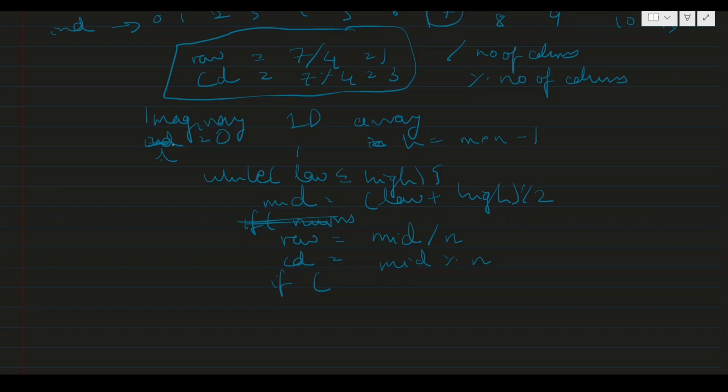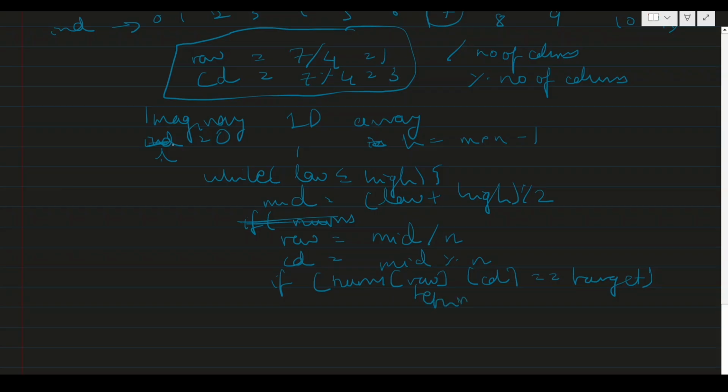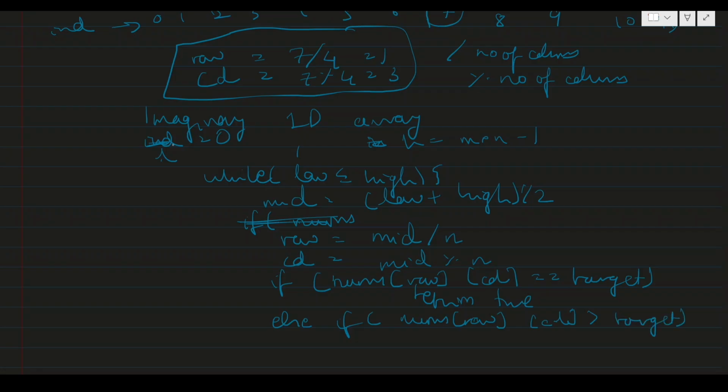If nums of row col becomes equal to target, then we can simply return true. Else if it comes out greater than target, the target is smaller as compared to this value, so we'll trim down the search space and move to the left side, that is high is equal to mid minus 1.